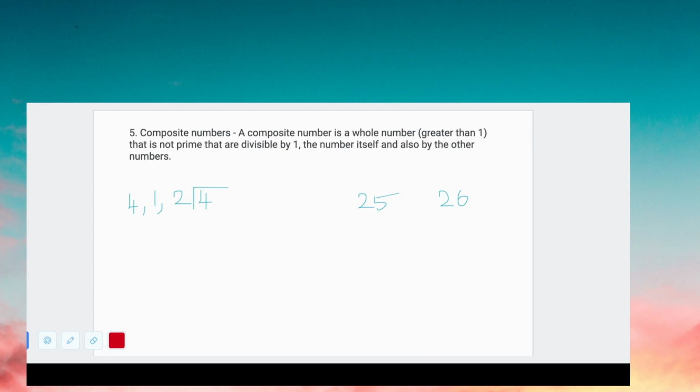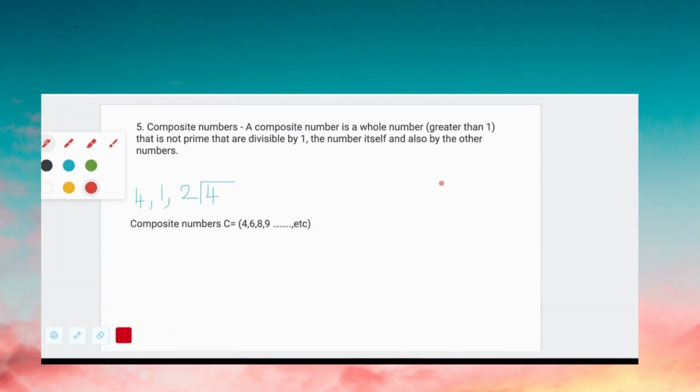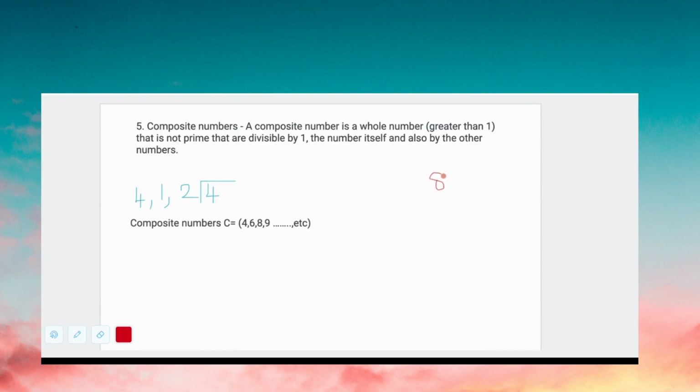It is represented as C, for composite numbers. Let's take the example 8. 8 is divisible by 8 because 8 times 1 is 8, so the remainder is 0.